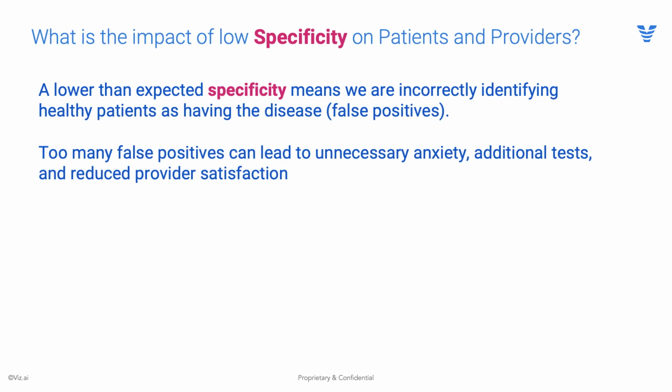So moving on, what's the impact of specificity on patients and providers? Lower than expected specificity means that we're incorrectly identifying healthy patients that don't have a disease as potentially having a disease. In other words, we have false positives. We're not correctly identifying them as negatives. I think we all know the impact of too many false positives on providers.